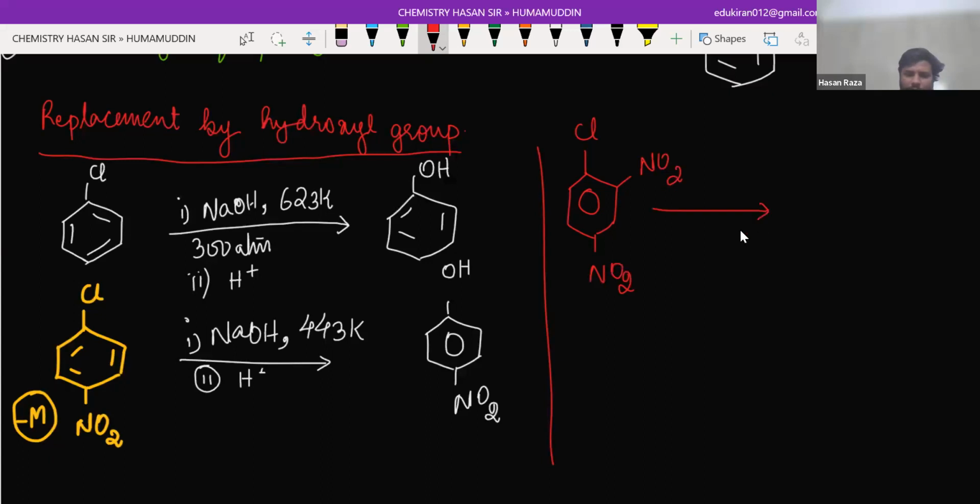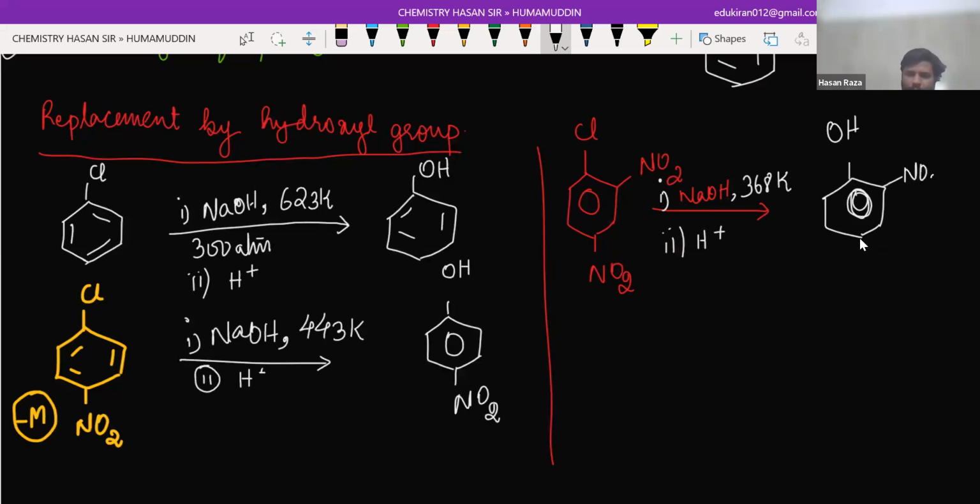Now you can see the condition will be NaOH as it is, because we want OH minus, and the temperature decreases, it becomes 368 Kelvin, followed by acidification, that means in the presence of H plus. So the same reaction is carried out. You can see this is your OH, and NO2 is there.